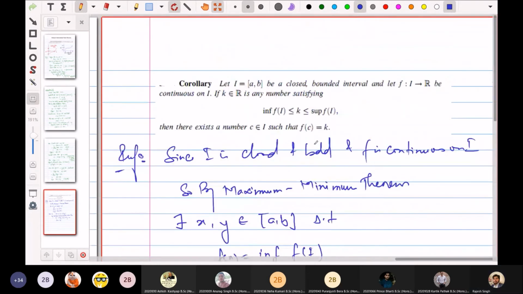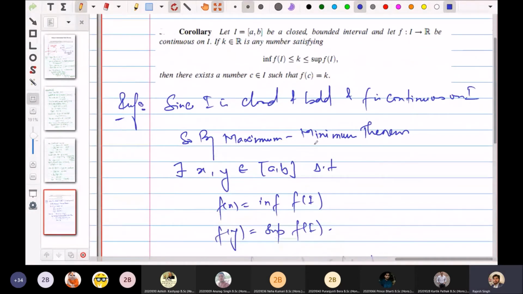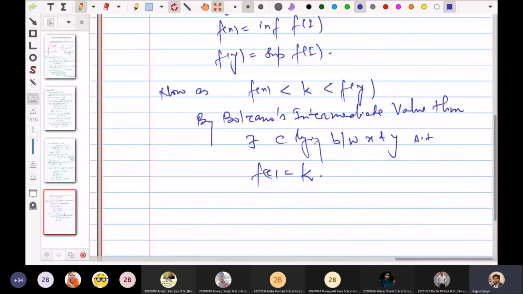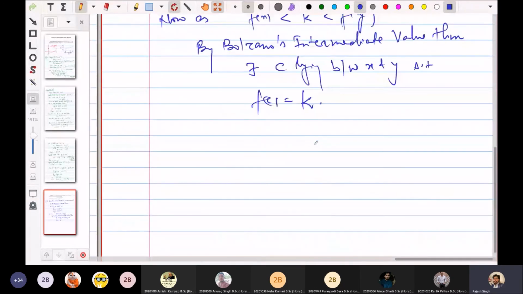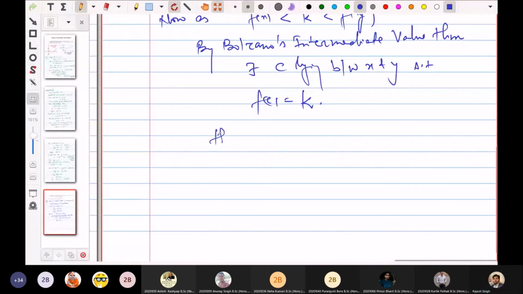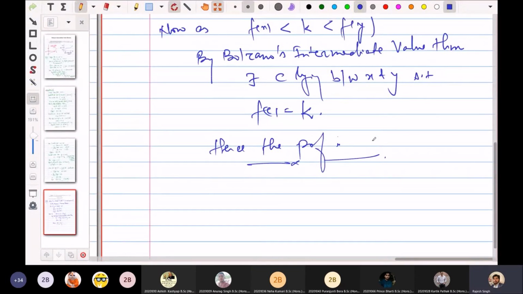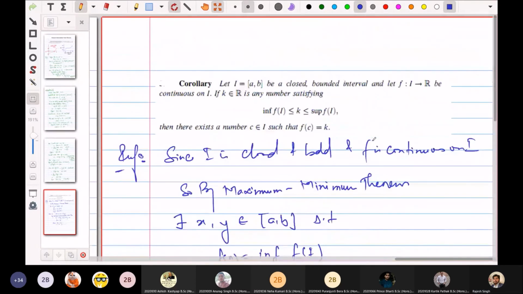And if c is lying between x and y, and x, y are in [a,b], then c belongs to [a,b]. Hence the proof. Is it fine? Yes, sir.